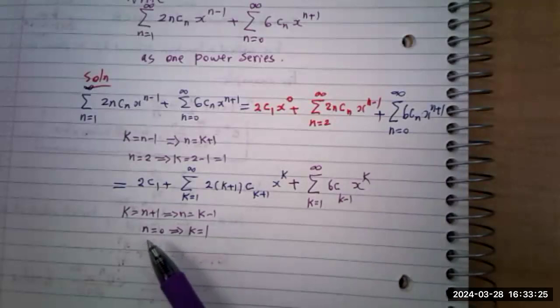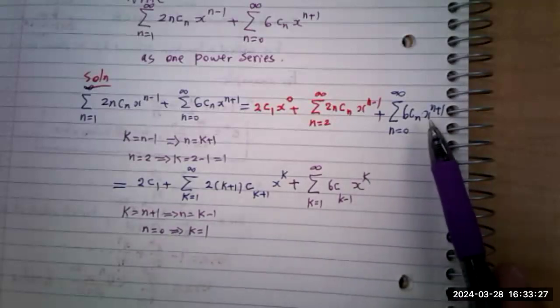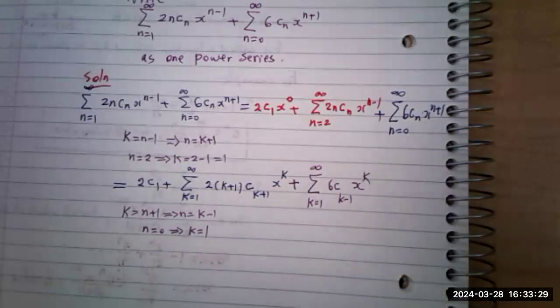But if you want to do n equal to 1, k would be 2 this time. Yes. And the reason we changed it from n equals 1 to n equals 2 is so that when we solve for k, our k is equal to 1, so it goes from 1 to infinity. Yeah, that's fine.